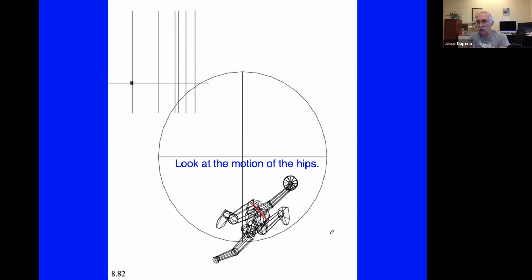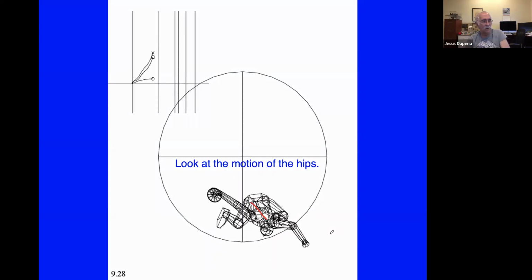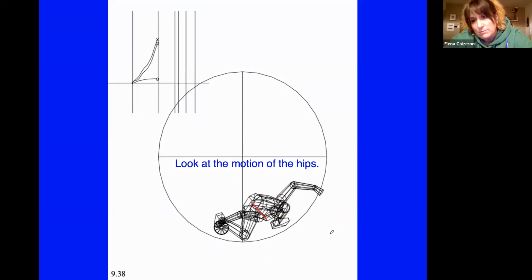And the feet, of course, don't move. They're on the ground. This is the double support phase. Okay, so look at the hips. Clearly fast counterclockwise motion of the hips.